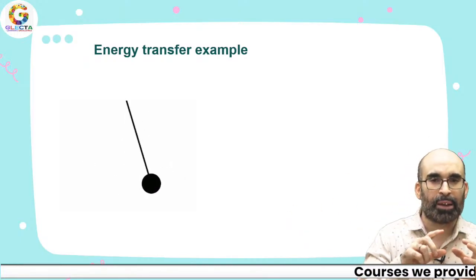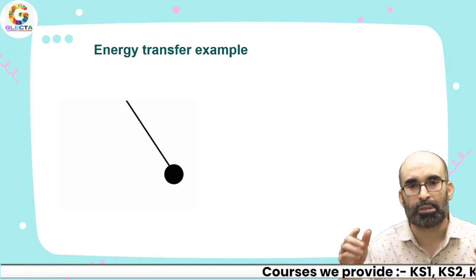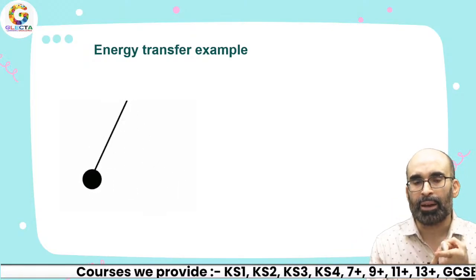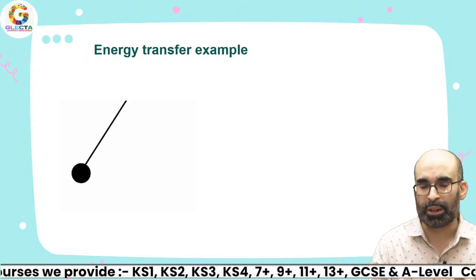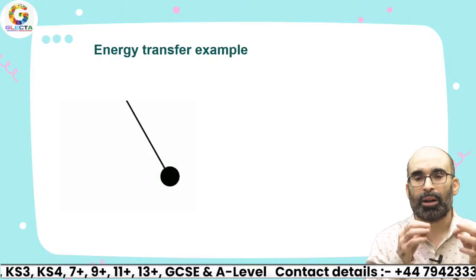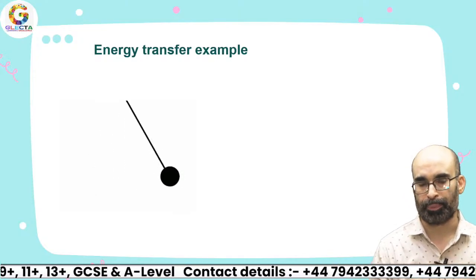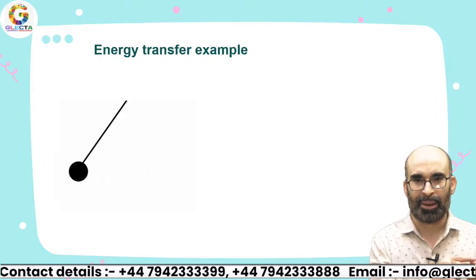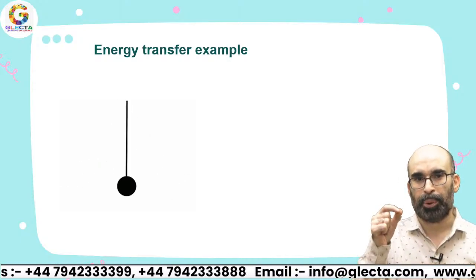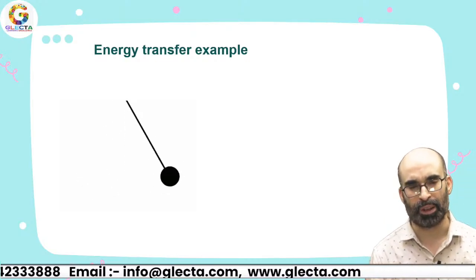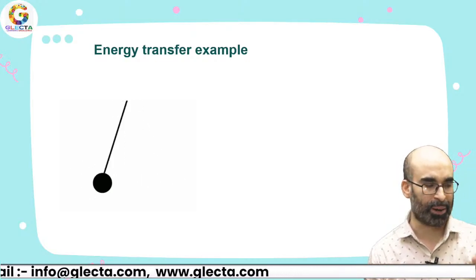When energy is transferred to the surroundings, there is loss of energy. Kinetic energy will be less, potential energy would be less. And ultimately, it would stop. I think you must have observed this. After a while, the pendulum stops swinging. How many of you are aware of this? Great, very good, Advait.